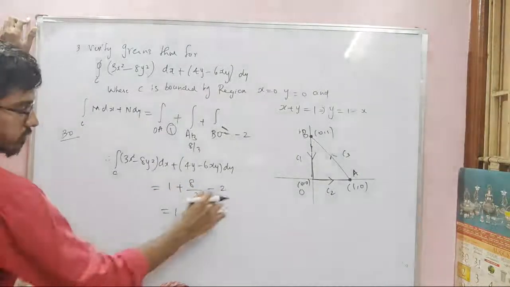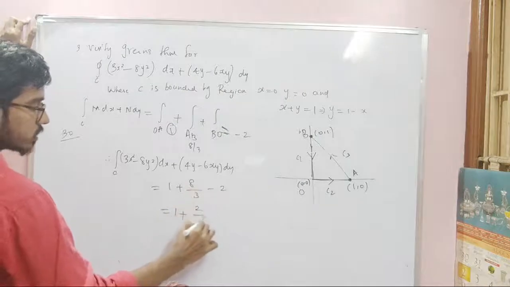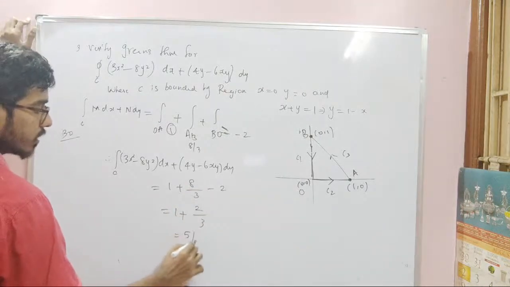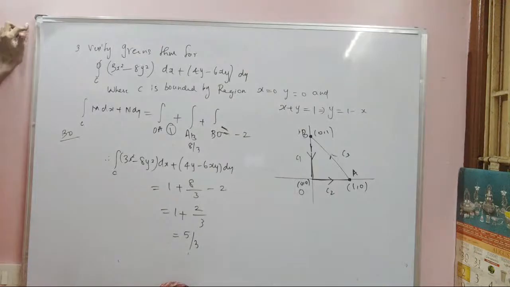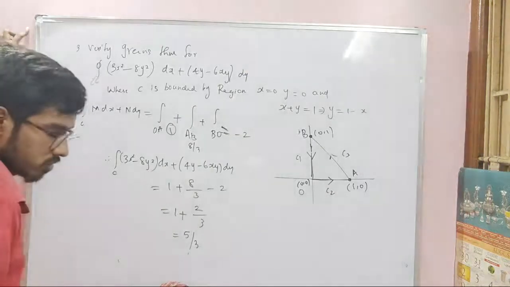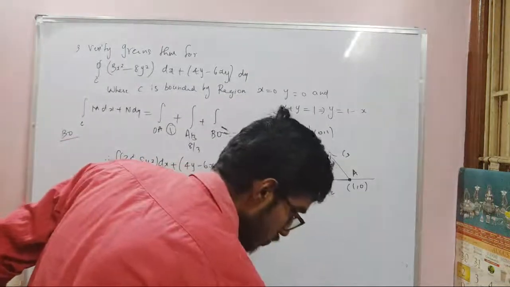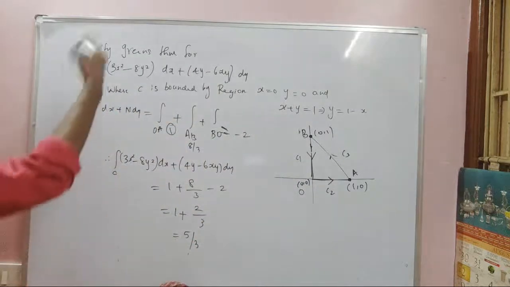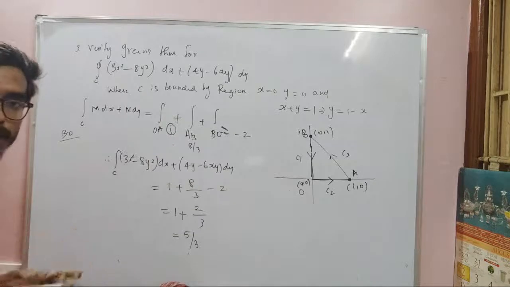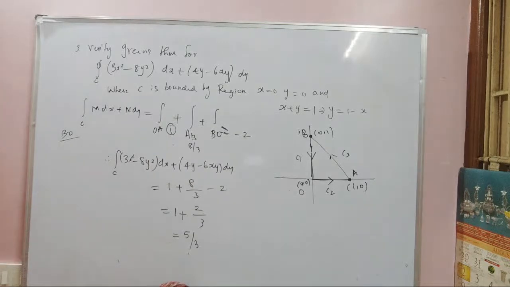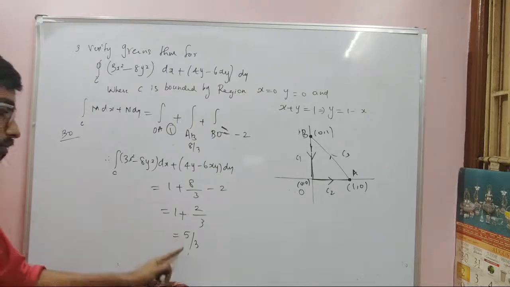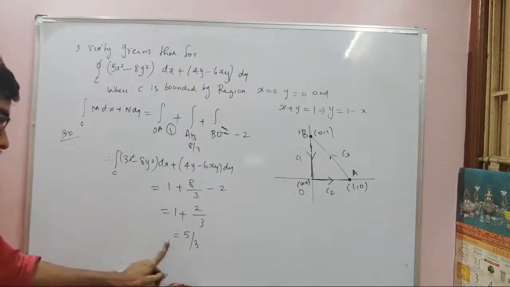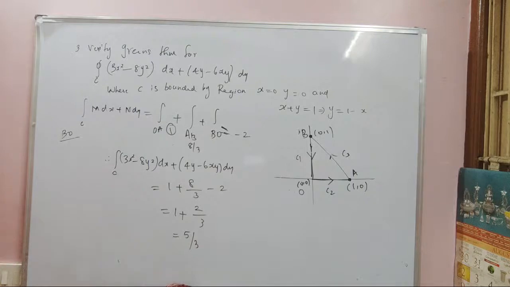That is 1 plus, 8 minus 6 which is 2 by 3, giving 5 by 3. We already found that the double integral over R of dou n by dou x minus dou m by dou y dy dx is also equal to 5 by 3. Therefore, Green's theorem is verified.